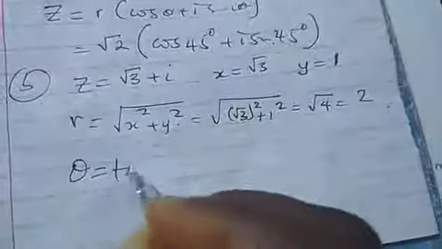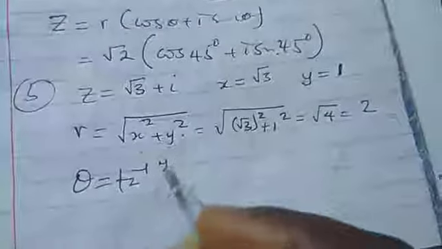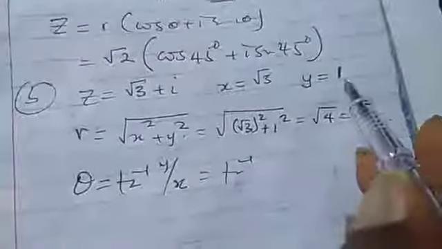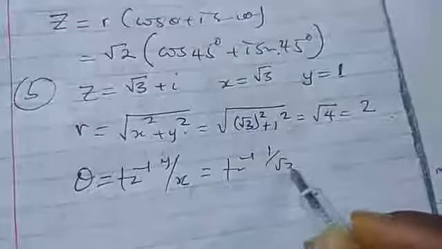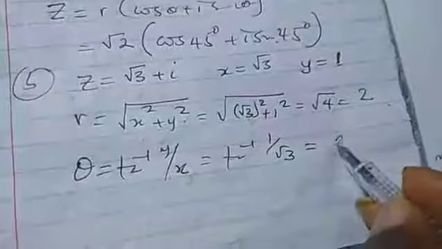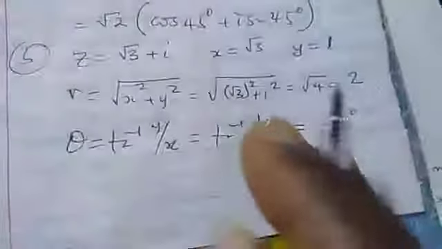Immediately we need to know our theta. Our theta is arctan y over x. This is arctan 1 over root 3. From our calculator, we should get 30 degrees.